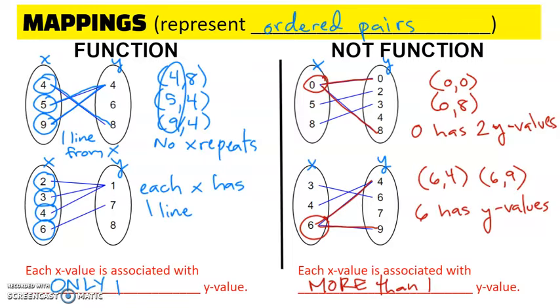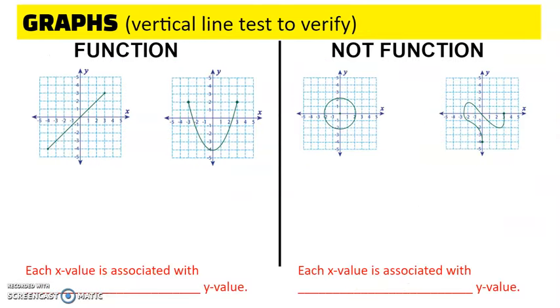Okay, all right, and then our final representation here is our graphs, and we use what's called a vertical line test. I really wish I had a paper I could do this with you, but what I do is I take my pencil, right, and I should be able to slide the line all the way across, right? I should be able to take that line all the way across, and it should only ever hit my graph in one location, okay?